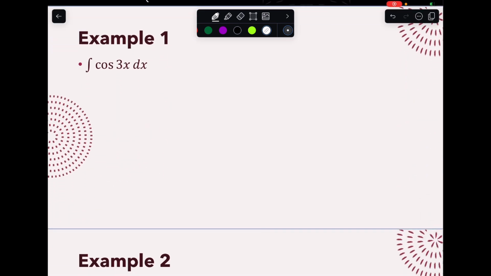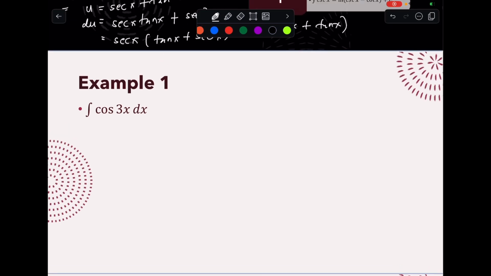The first one is very direct. I'm going to write the formula that I can use. We have the formula for the integral of cosine u du, which is the same as sine u plus c. So we just need to transform this one into that format. For the integral of cosine 3x dx, we have to identify which is u, whether u is just the angle of the cosine or the entire cosine 3x.